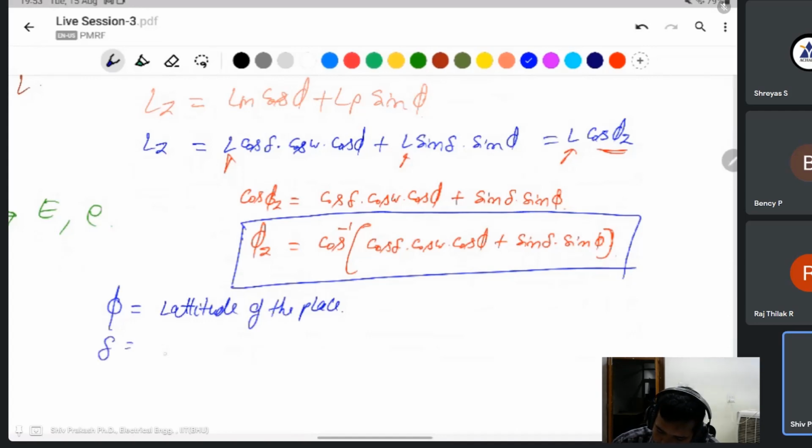Delta is the declination angle of insolation. Omega is the hour angle. It will depend on the time of day.